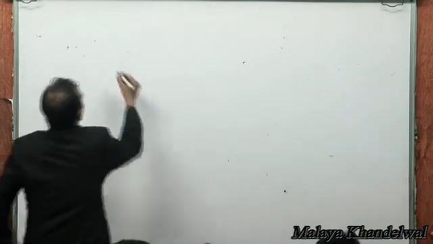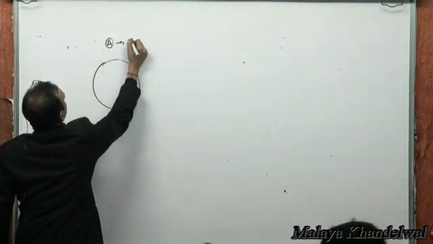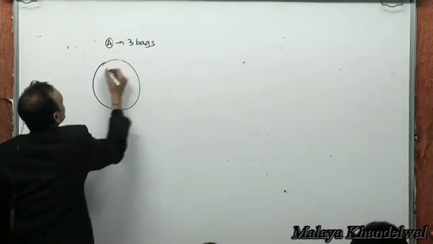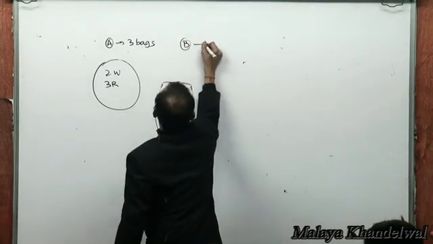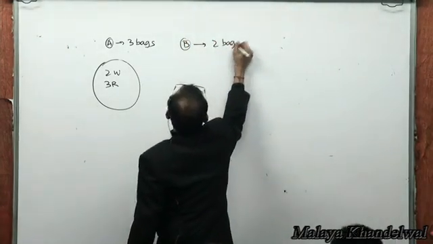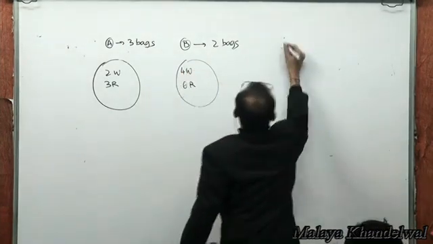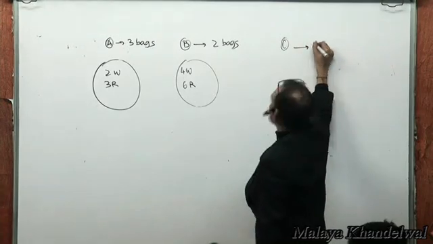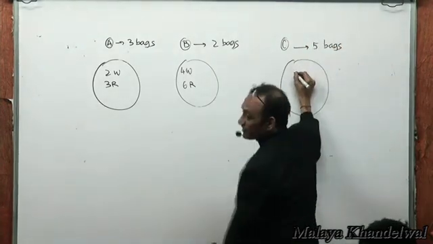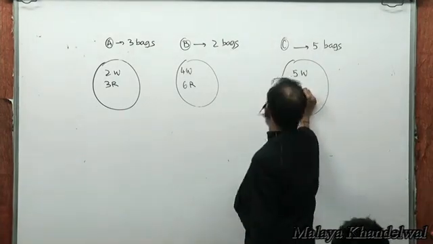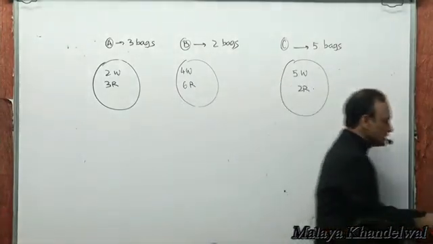Can you help me with the data? Type A, there were 3 bags, 2 white and 3 red. Then there were type B bags, 2 bags, 4 white and 6 red. And there were type C bags, 5, 2 red. This was the constitution of the trunk.